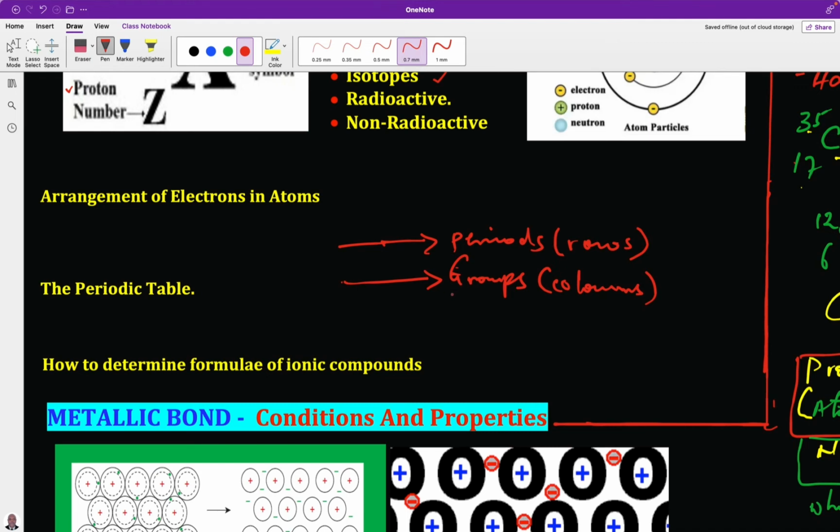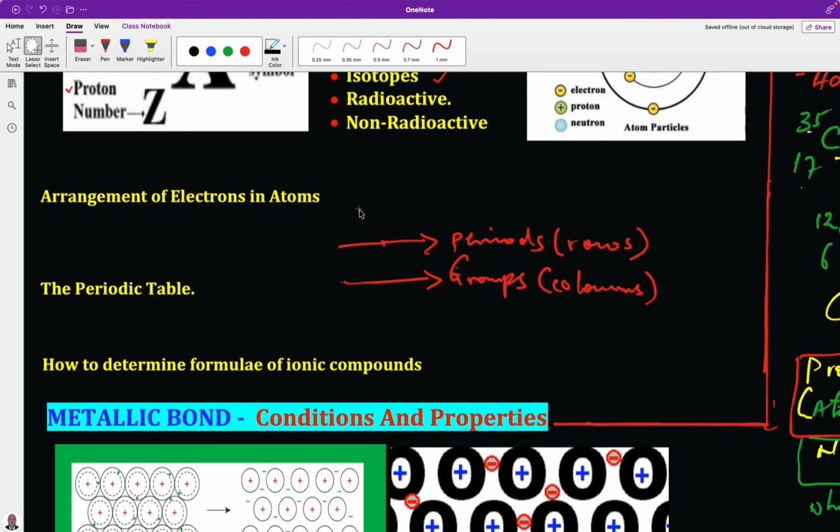So we say elements in the periodic table are arranged in order of increasing proton number. We are considering the first 20 elements of the periodic table. For these, elements in the same group have the same number of electrons in the outermost shell.